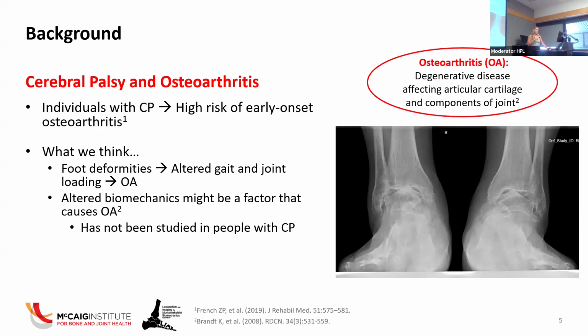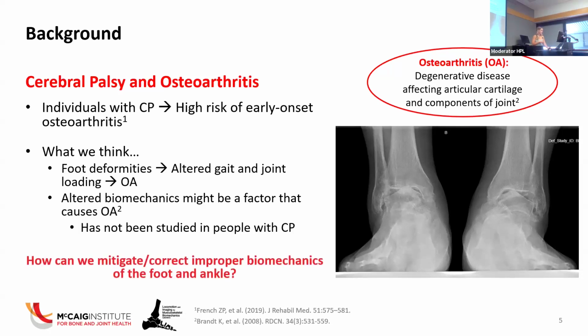Now, this has been seen in typically developed individuals, but has been studied a lot less in people with CP, so we're not quite sure how strong the correlation is. So this begs the question of, if we know that they have improper biomechanics, how can we act to mitigate or correct some of these at the foot and ankle specifically?